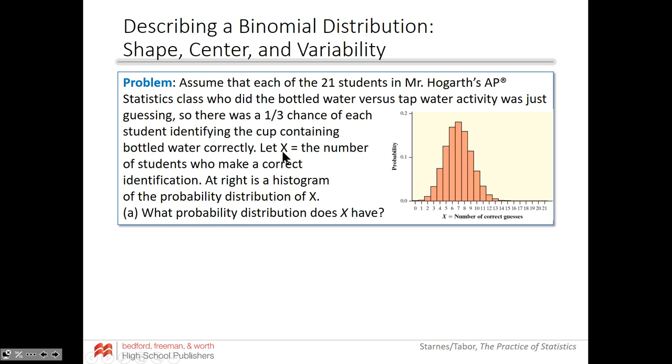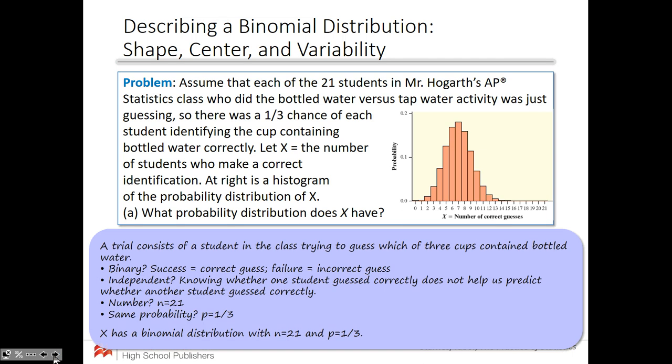So x is our random variable. Let's define x to be the number of students who make a correct identification. This is the histogram of the probability distribution of x, but what is the probability distribution of x? So a trial consists of a student in the class trying to guess which of 3 cups contain the bottled water.